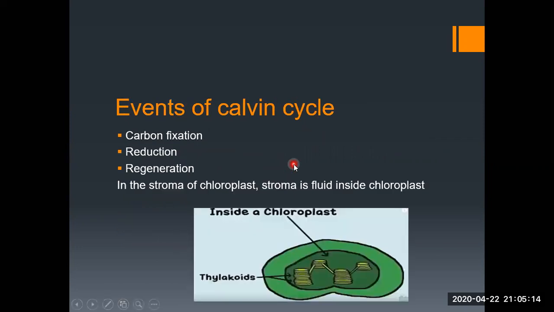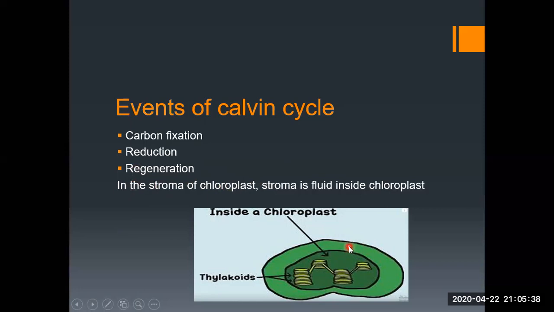So let's have a look at the events of Calvin cycle. There are three main events: carbon fixation, reduction, and regeneration. You have to remember it as it is: carbon fixation, reduction, and regeneration, CRR. Calvin cycle takes place in the stroma of chloroplast. What is stroma? It is a fluid inside the chloroplast.